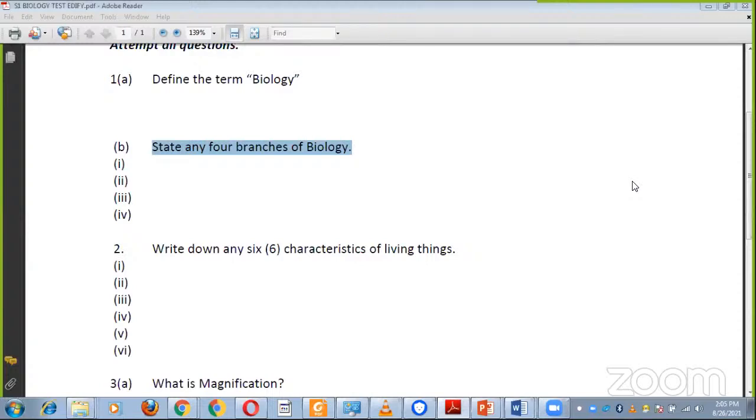We're having Winnie B. Yes, Winnie, can you say something about the meaning of classification? I know you have another answer, but can you say something about what classification means? Classification, the way I think, is like you compare the characteristics, then after you classify them. Okay, thank you very much, Winnie.